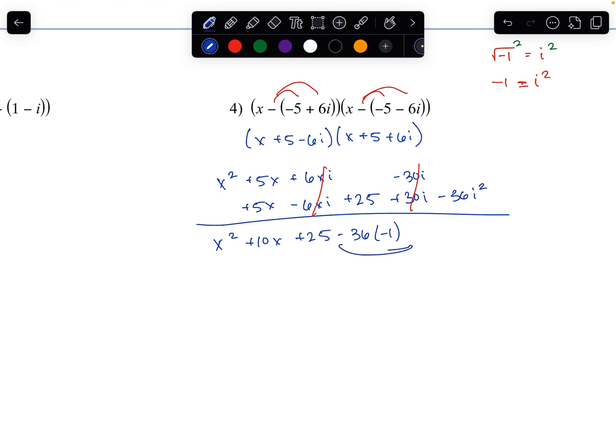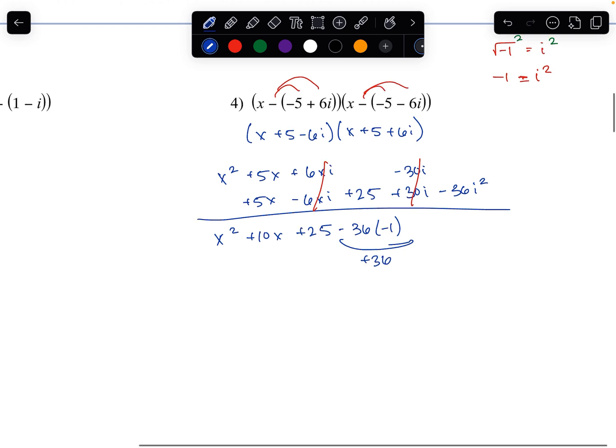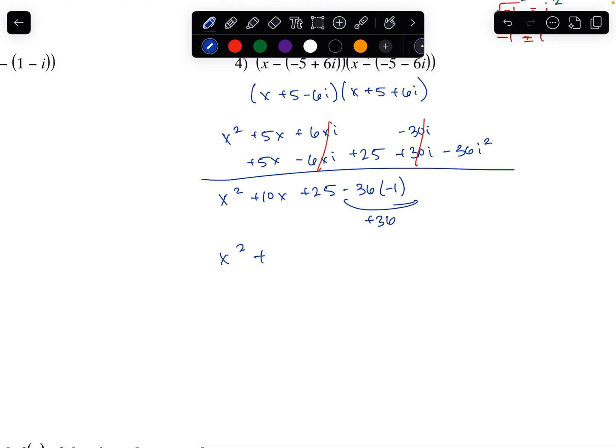So this right here becomes positive 36. So I get x squared plus 10x plus 25 plus 36. So 25 plus 36 is equal to 61. And there is the final product.